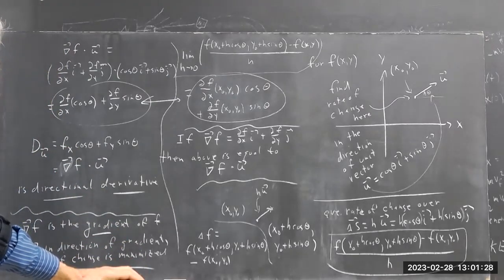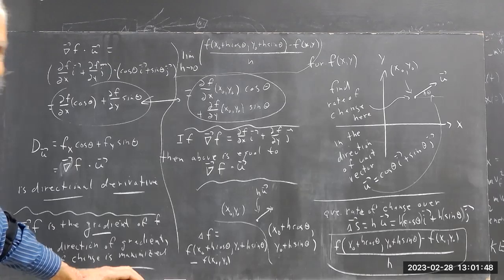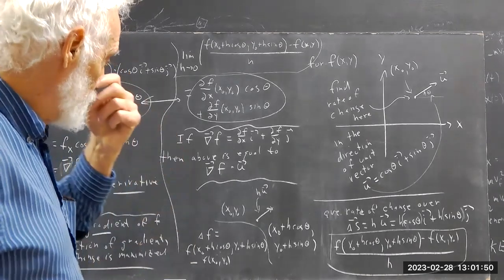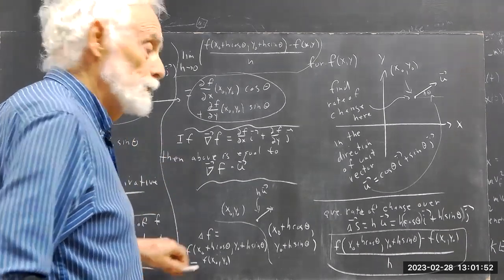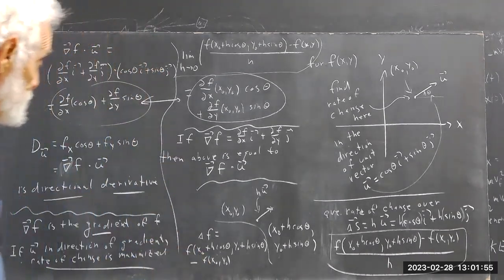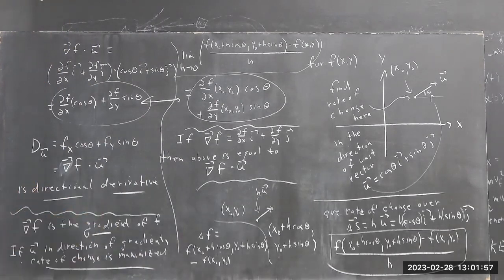And the gradient is also exactly what we use to find the electric field from the electric potential function. The electric field is the gradient of the potential function. That's easy to solve, although a little complicated to derive, and we'll talk about that in physics.